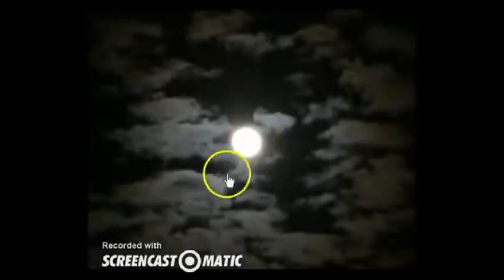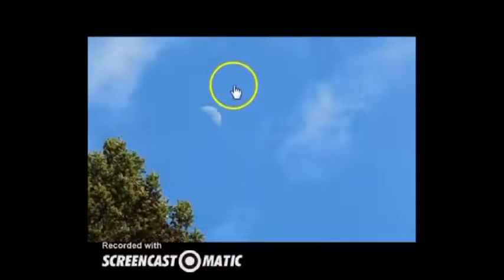And clearly with these images, you can see how the moon creates its own light. Not a reflection from the sun. And more of the same, clearly its own light. Now take a look at the moon during the day. Why isn't the moon completely illuminated? It should be a full moon.